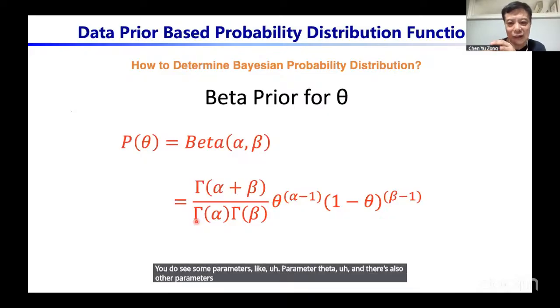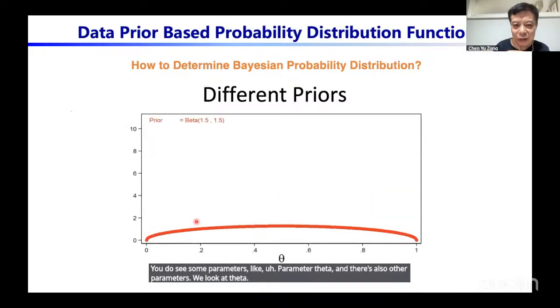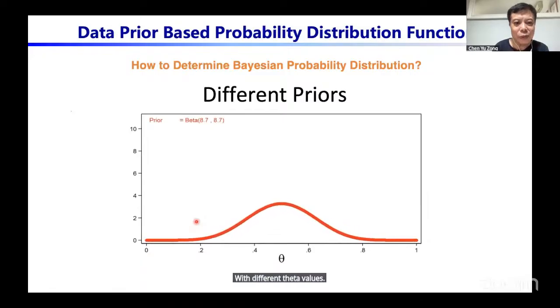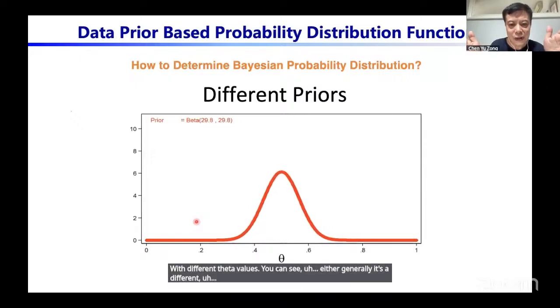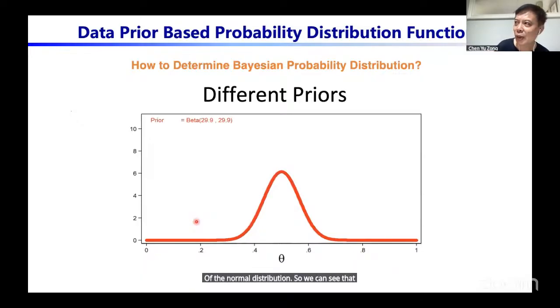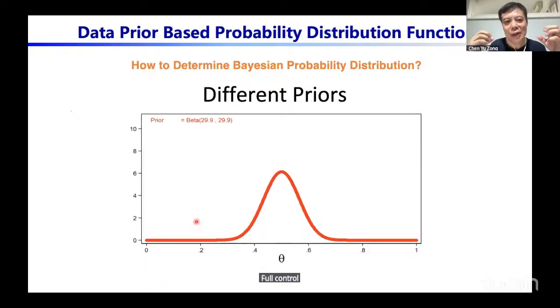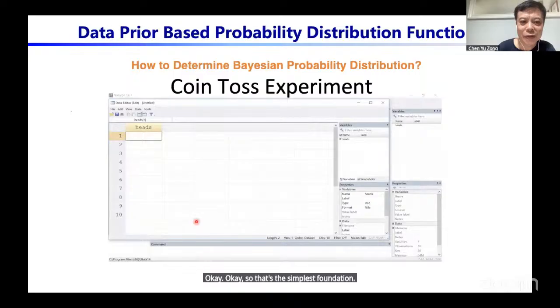We look at different theta values. You can see it generates different height, different width of the normal distribution. So we do have some parameters to control the general shape of this distribution function. Okay, so that's the simplest foundation type of distribution.